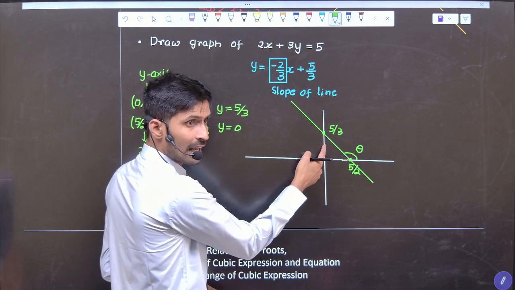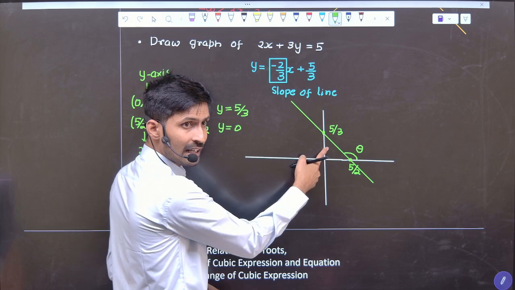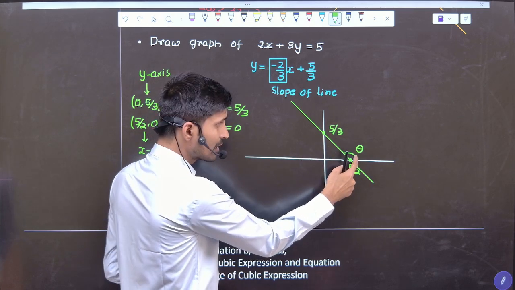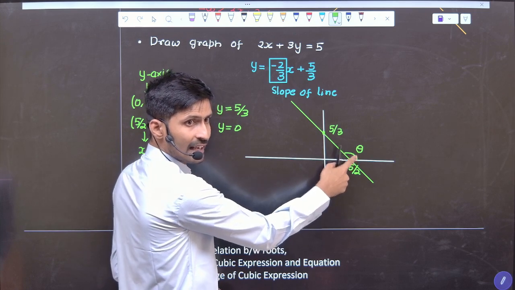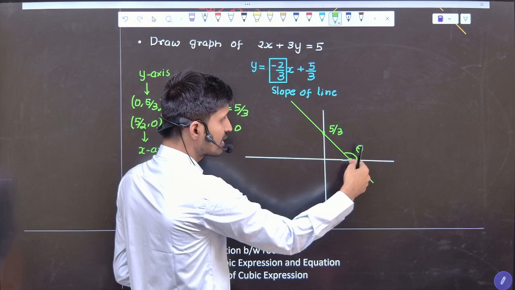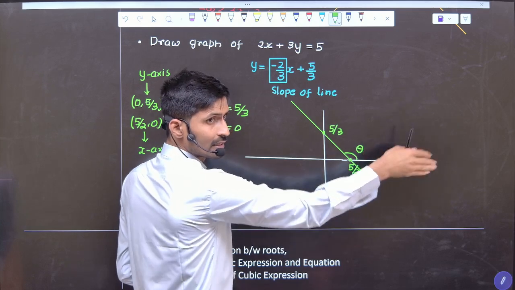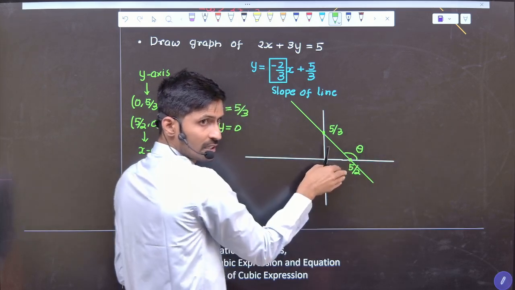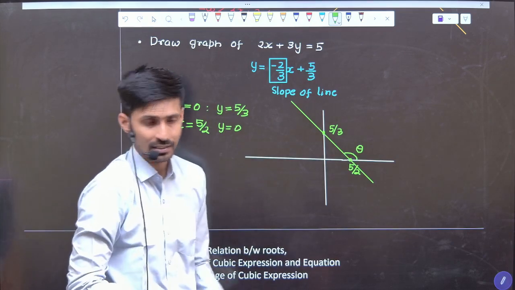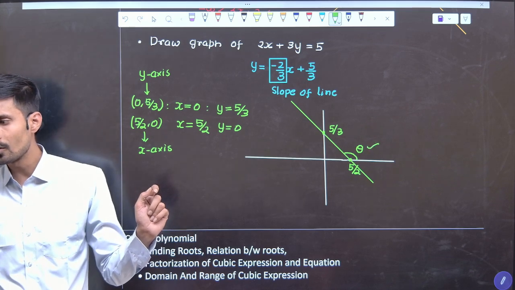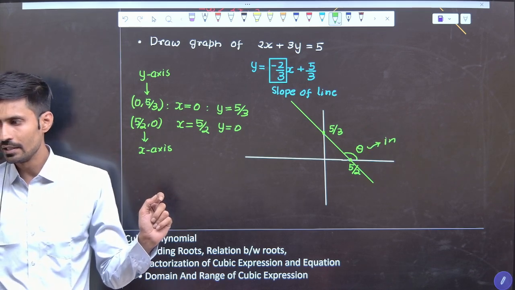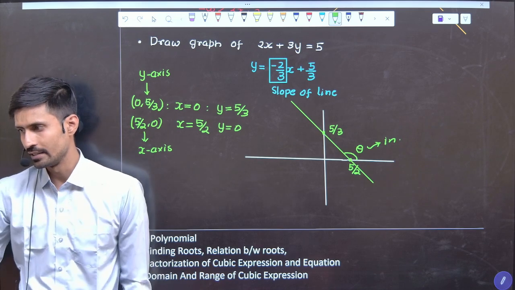When I say the angle made by the line with the x-axis, I am talking about both sides. But when I say the angle made by the line with the positive x-axis, I am talking about that side. That represents positive, and this direction represents the negative x-axis. So theta, you know, is known as the inclination of the line.